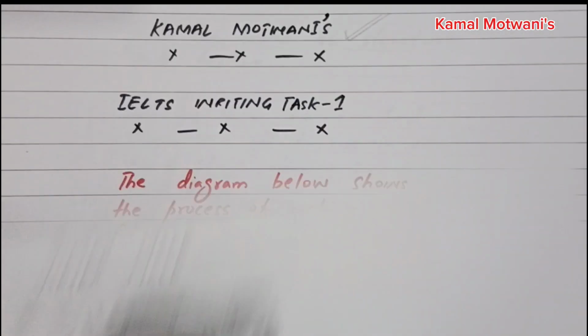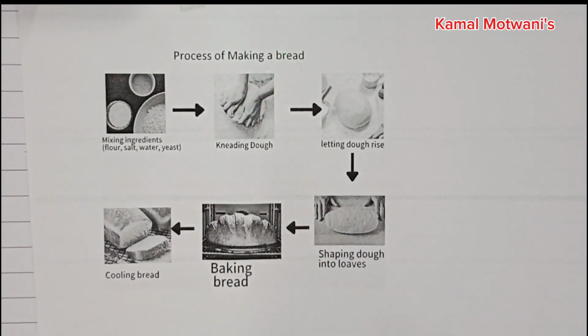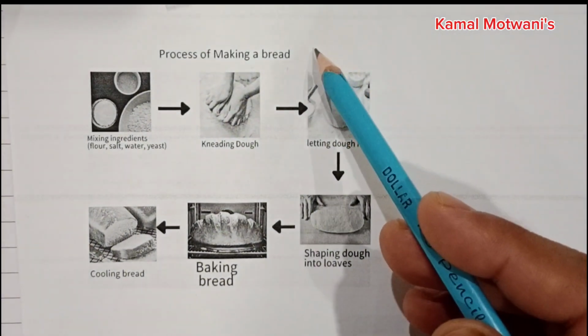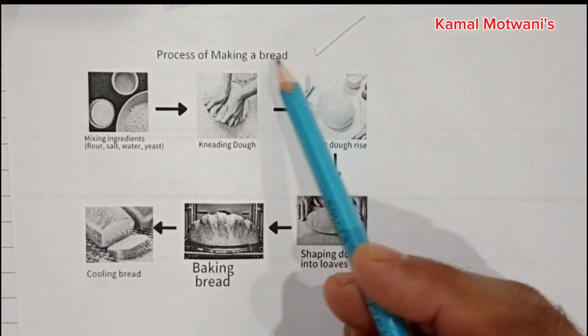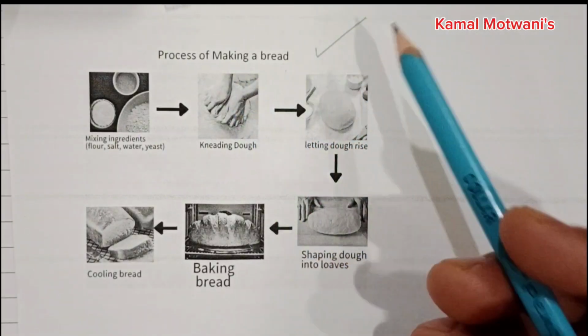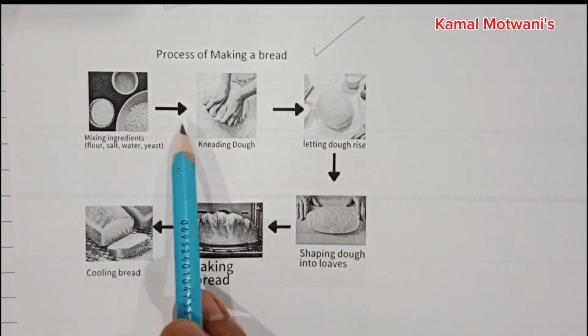Okay, so let's start, because in this video I will write IELTS writing task 1 pertaining to this type. Rather, this example, process of making bread, which is an artificial process and it is not the recurring process. So it involves 6 steps.